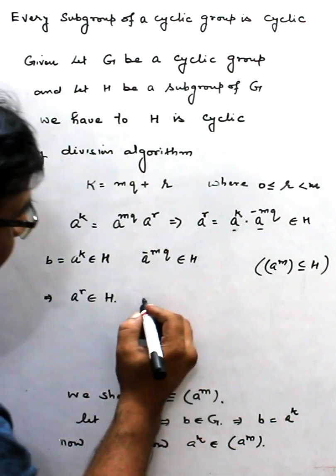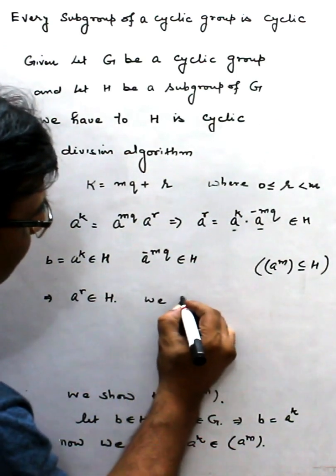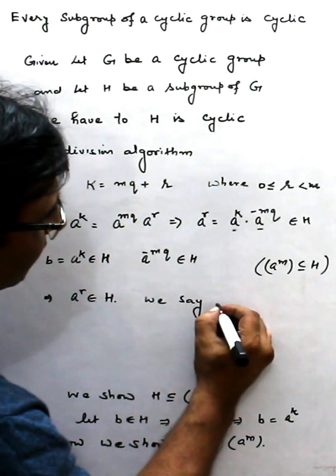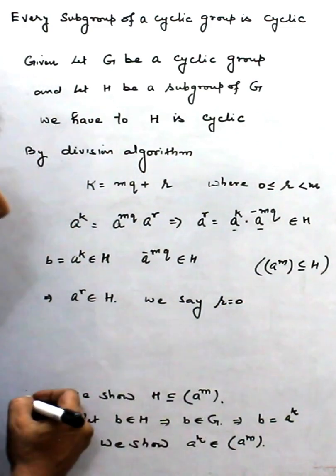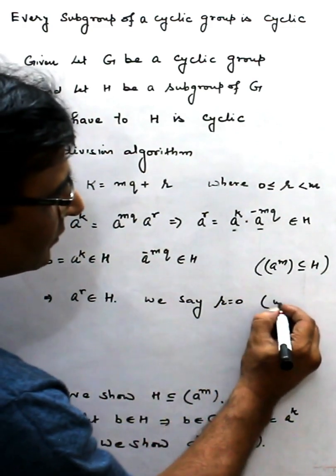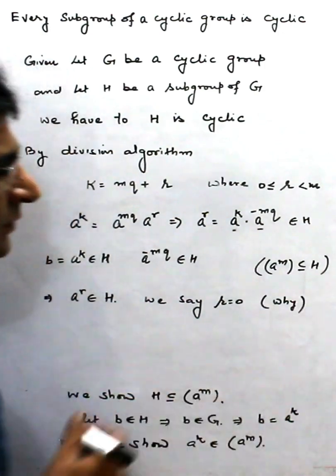and we say r is 0. Why do we say r is 0? This is the question.